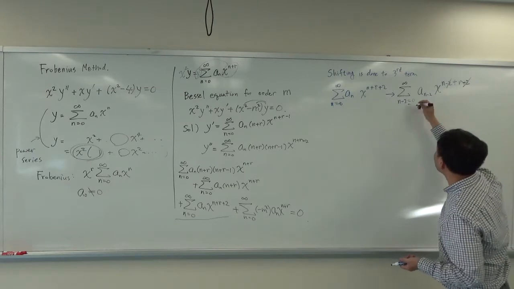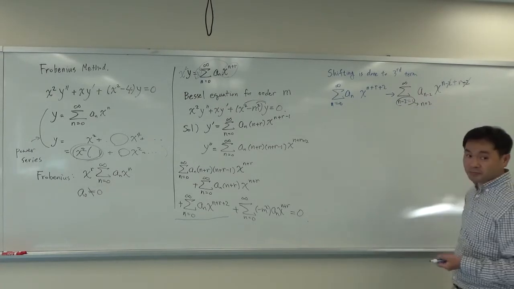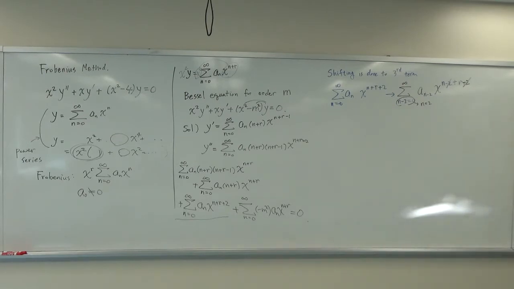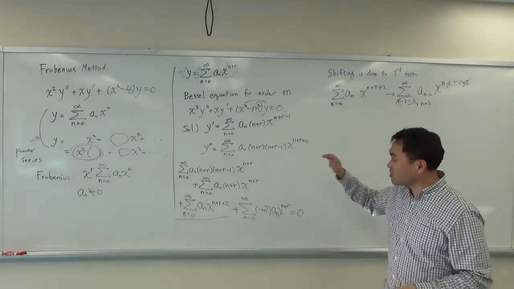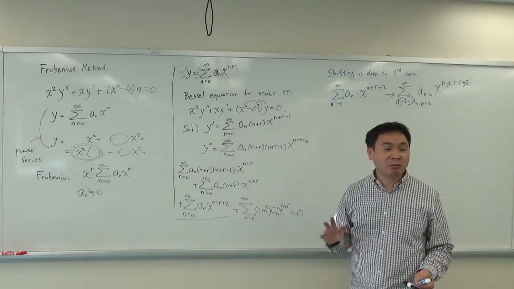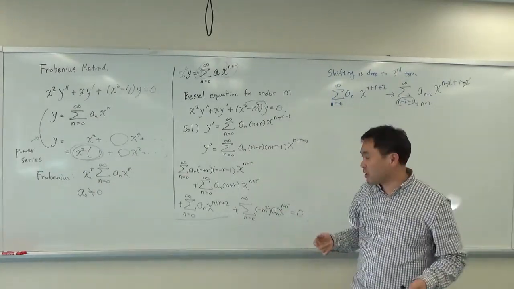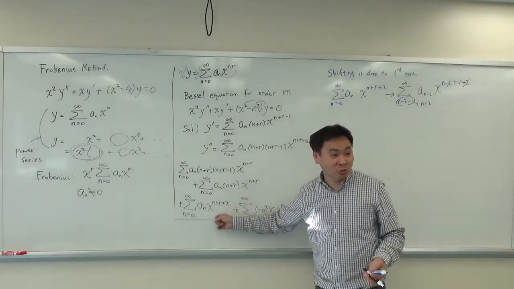But then this one is n minus 2 equals 0. If you solve for n, it's n equals 2. And now if you go back and see what's happening, now they all have x to the n plus r as we wanted. However, there's another discrepancy, which is that the other ones all start from 0, whereas this one starts from 2.